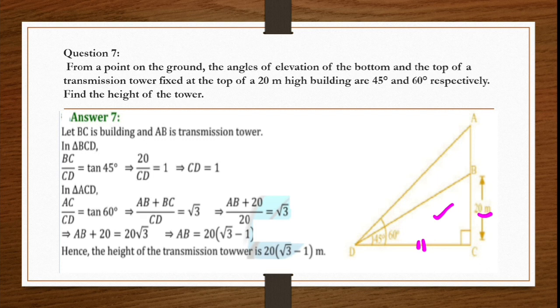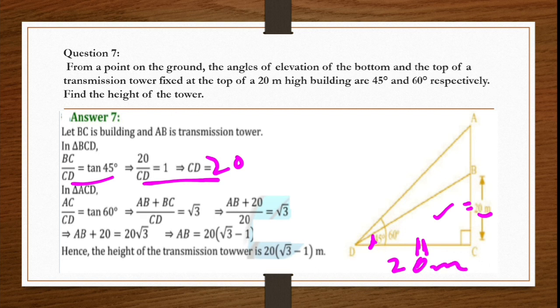So you can write BC by CD is equal to tan 45 degree, because for this triangle the acute angle is 45 degree. So put the value of BC, you will get the value of CD as 20. So the value of CD will be 20 meter.